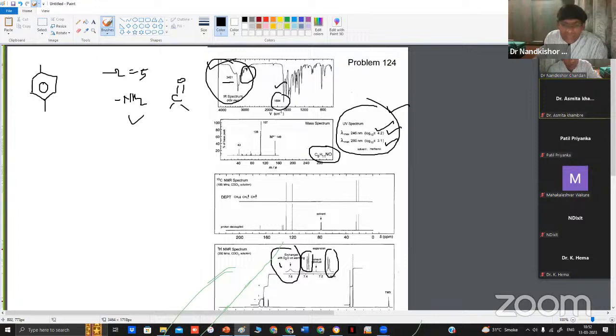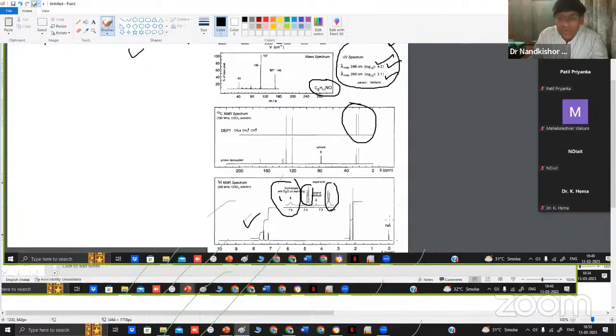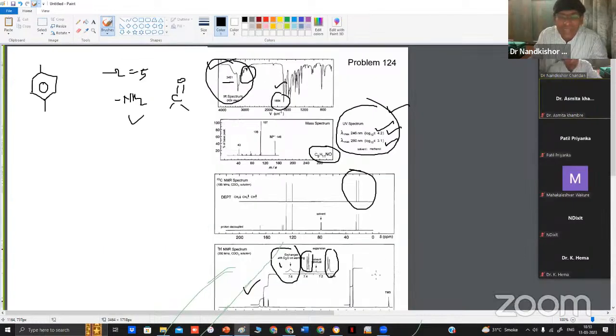What else do we have here? The aromatic part is over. For the aliphatic part, DEPT indicates that it may be CH or CH3 peaks, because there is no negative peak. If there is no negative peak, what does it indicate? It indicates the presence of an alkyl group, and that alkyl group is simply a singlet.